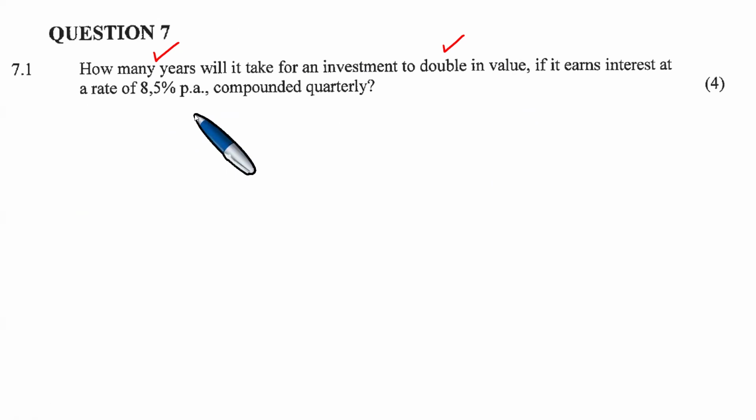What formula do we use here, Nombuso, for the investment that is going to double? What formula do we use to solve this problem? I'm just testing you. I think we are going to use the formula of, how do you call this?